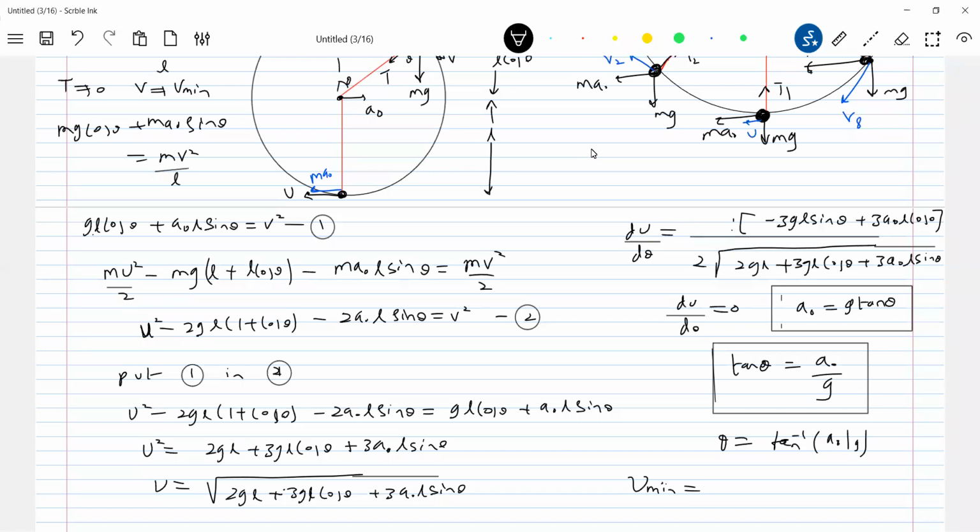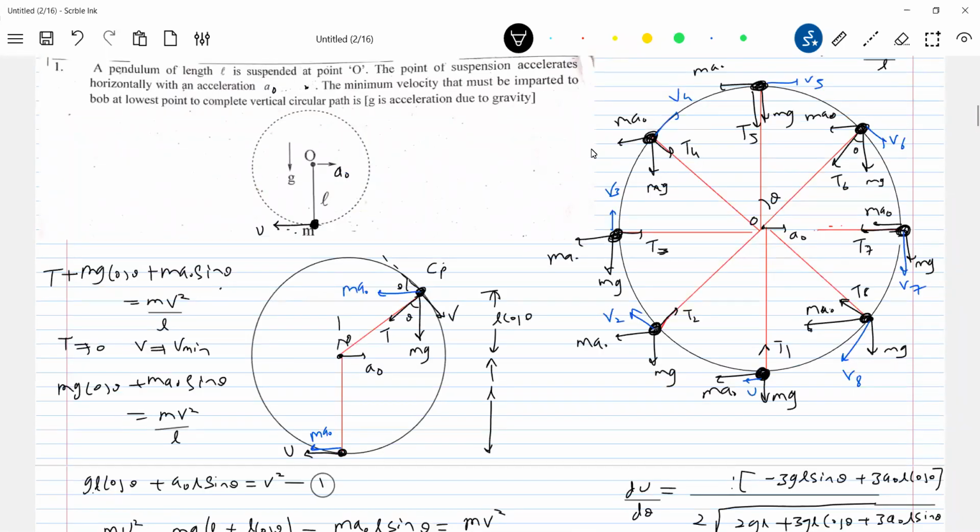Okay, the next question comes. Tan theta equal to a naught by g.